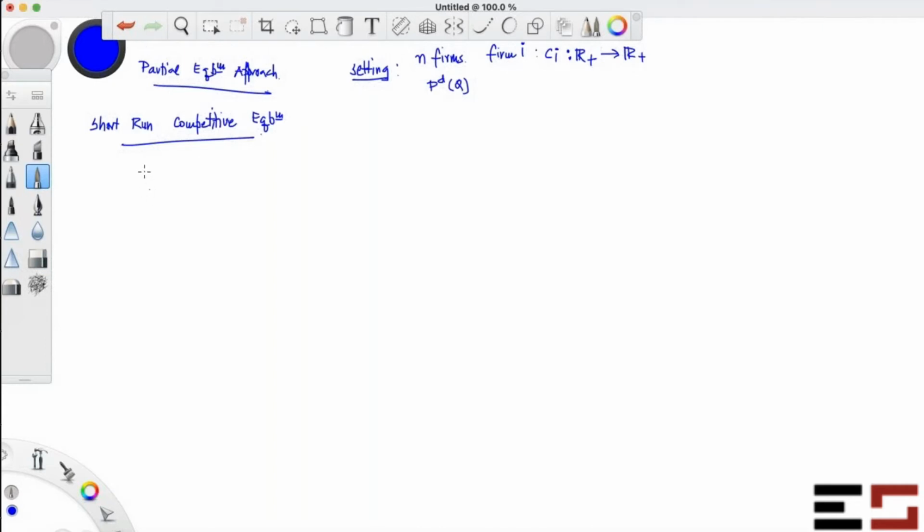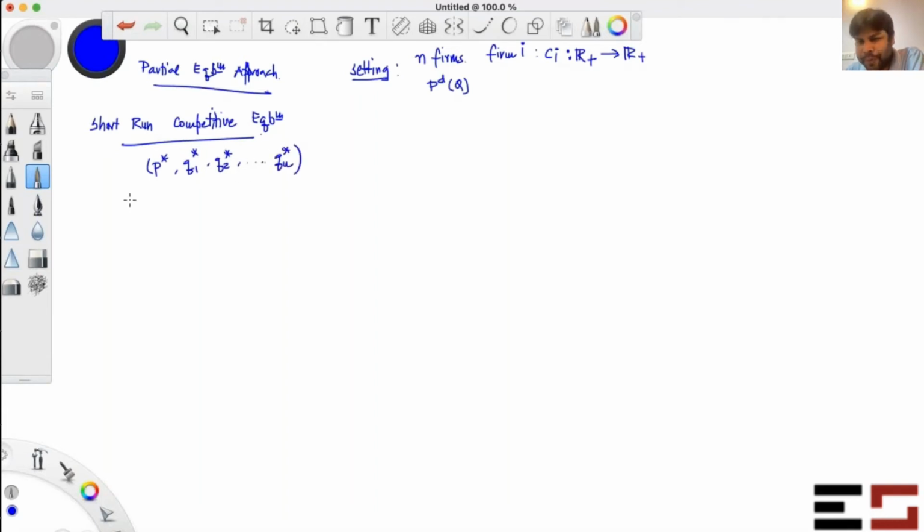This is how we define it. Competitive equilibrium consists of prices, and in this case there's just one product, so the price of X, P star, and how much each firm produces at this price: Q1 star, Q2 star, and Qn star.